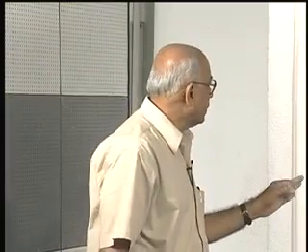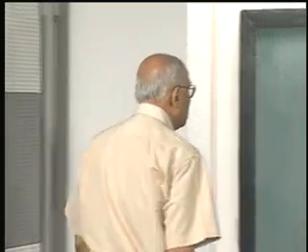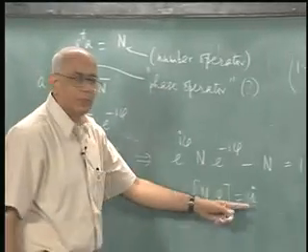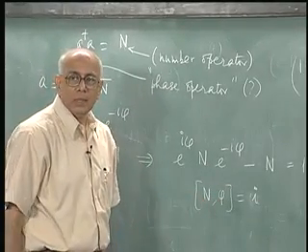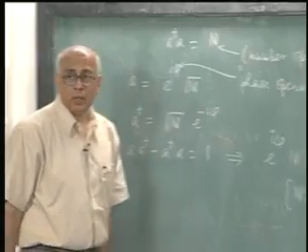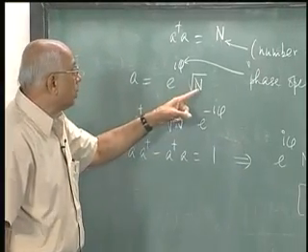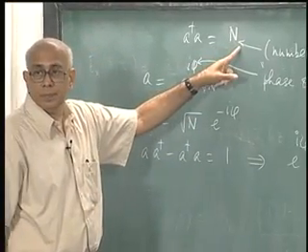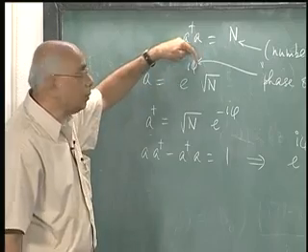You can write a and a dagger in the polar form, and then n and phi are complementary to each other in the sense that the commutation relation between the number operator and the phase operator is in fact just i out here. Now of course if you want these to be physical operators, you want this operator to be Hermitian and you want this to be Hermitian.